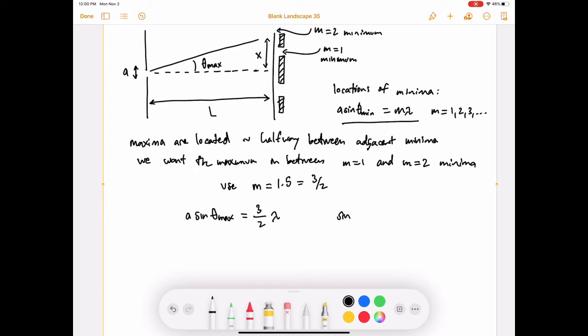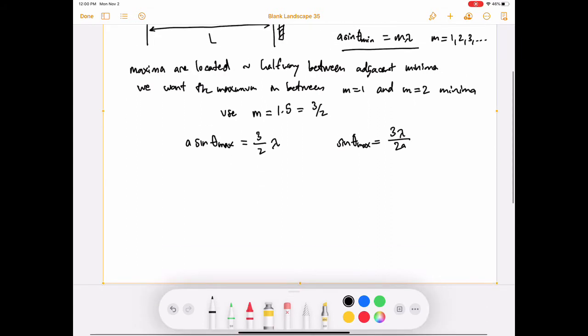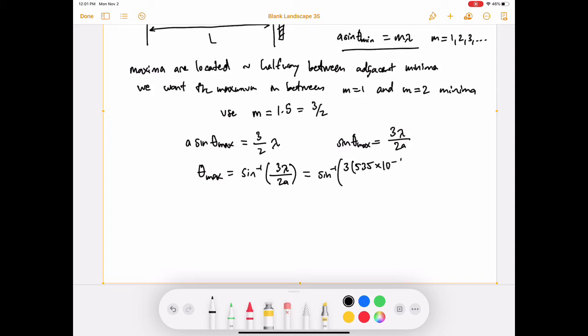So we have sine of theta max equals 3 times lambda over 2 times a, and then we'll take the inverse sine of that. So the inverse sine of 3 times lambda over 2 times a to get theta max. So this works out to the inverse sine of 3, lambda is 535 nanometers, so 535 times 10 to the minus 9 meters over 2 times a.